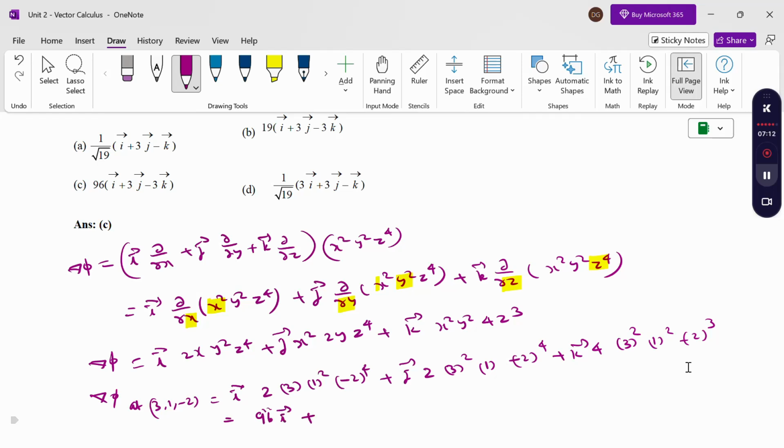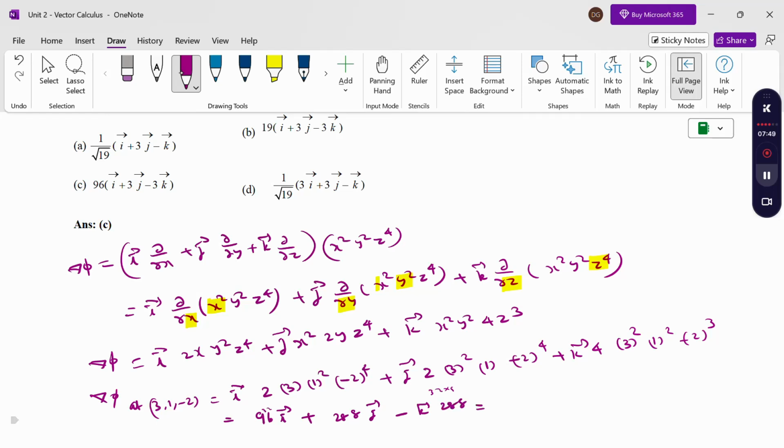Plus this is 16, 16 into 2 is 32, 32 into 9 is 288 j vector, plus k vector, this is a minus term, therefore minus, so 8 into 4 is 32, 32 into 9 is 288.